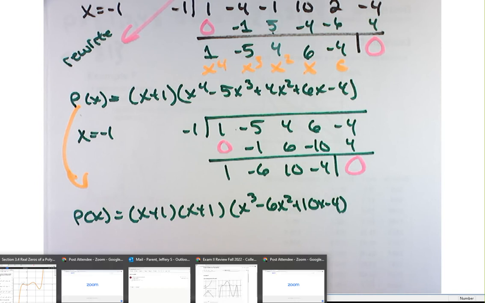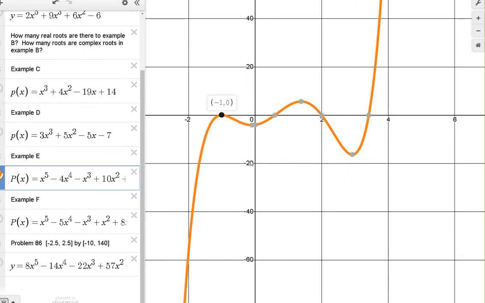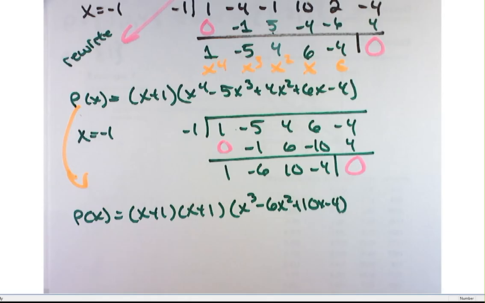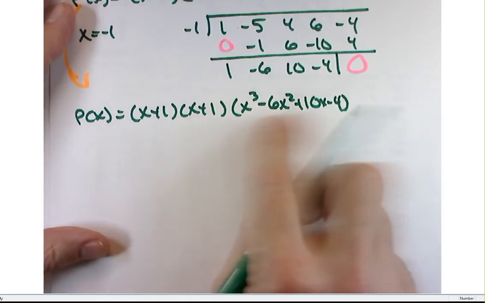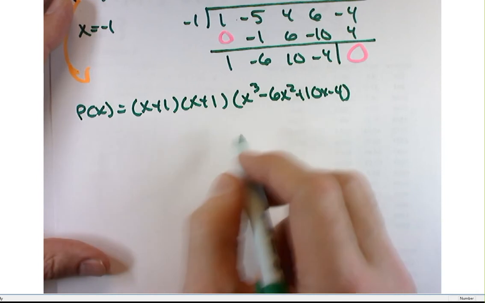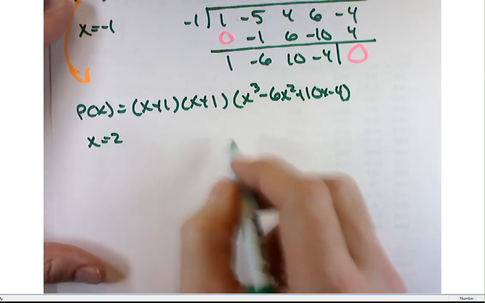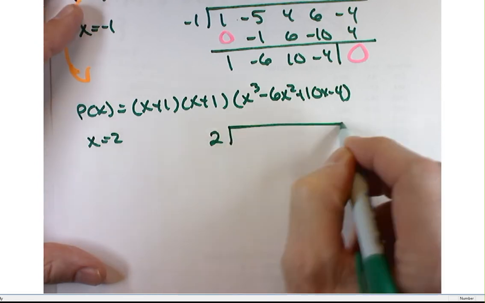Let's go fishing for some other easy zeros here. Well, that doesn't look like one. Oh, x equal 2. That's another easy 0 here for us. So let's get rid of that from our polynomial. Now I'm going to work with the reduced polynomial here. So x equal 2 is a root. 2 goes out in front.